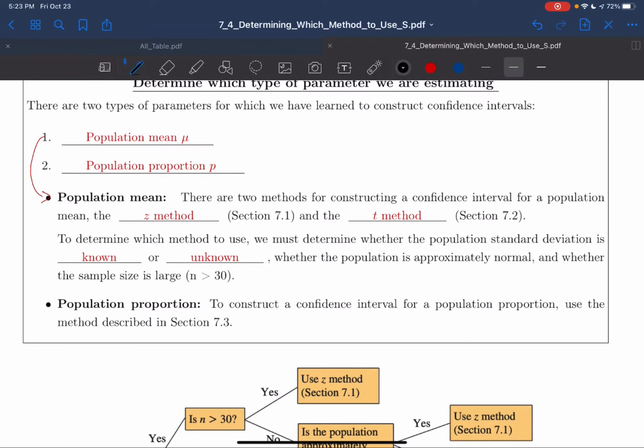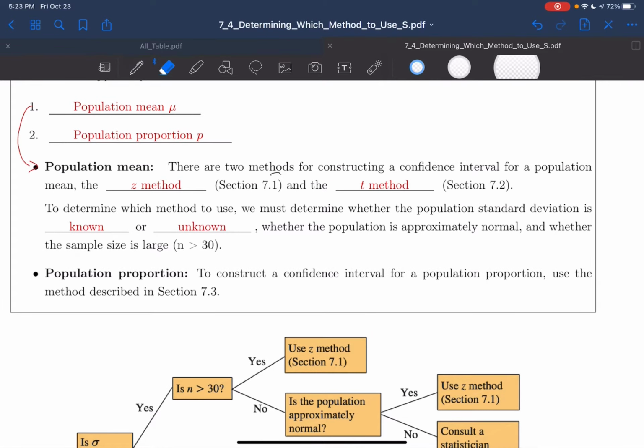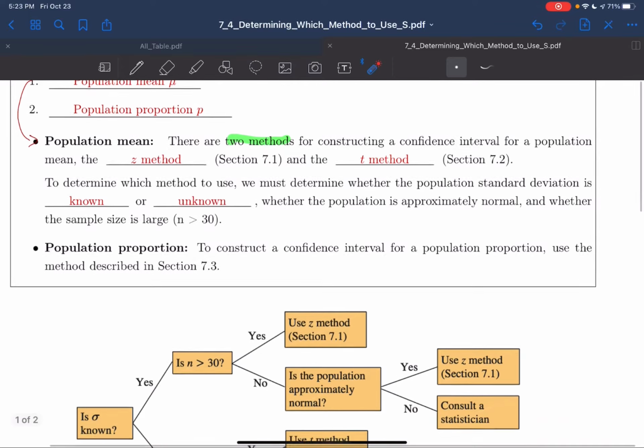There are two methods for constructing a confidence interval for the population mean: the Z method and the T method, and these are the corresponding sections you might want to go over again. To determine which method we use, we must determine whether the population standard deviation is known or unknown, and whether the population is approximately normal, or whether the sample size is large enough, aka greater than 30.